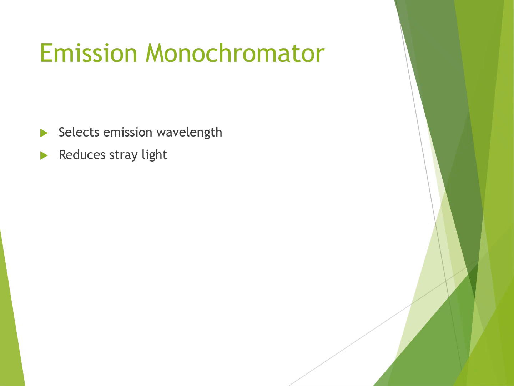During the emission, the emitted fluorescence wavelength is selected, and the other wavelengths present due to scattering by some molecules are removed by selecting the emitted light only. So the emission monochromator selects the emitted fluorescence and removes the scattered excitation light.